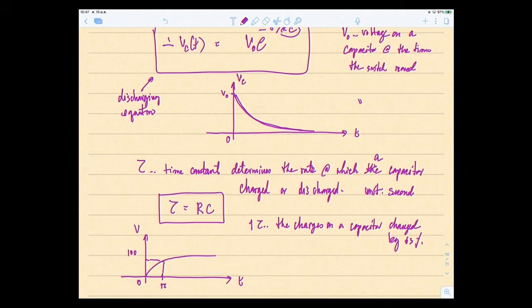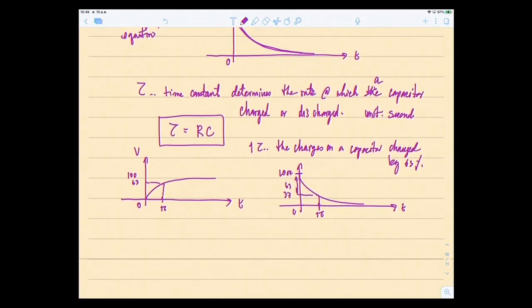So if you are charging to 100 volt, at 1 tau it will be about 63 volt. In terms of discharging, let's say you're discharging from 100 volt, by 1 tau this would become 37. It changes by 63%.